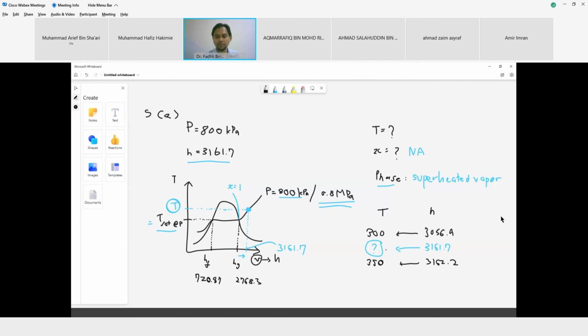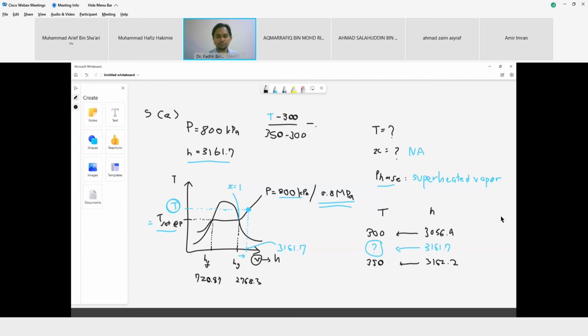So nak dapatkan ni, apa yang perlu kamu buat adalah, okay, let's say this is temperature T yang kita nak cari, tolak dengan 300, bahagi dengan 350 tolak 300.